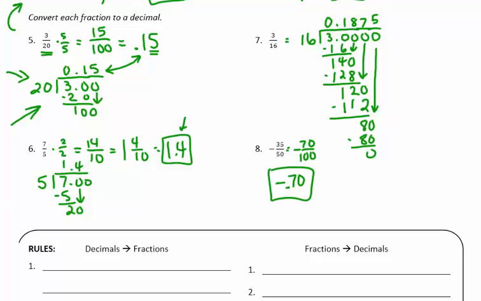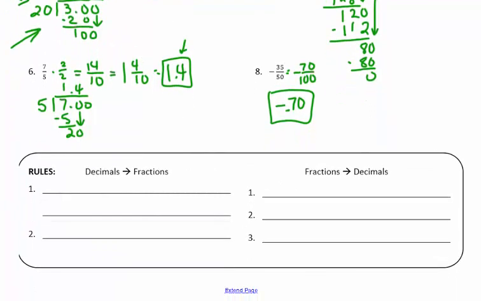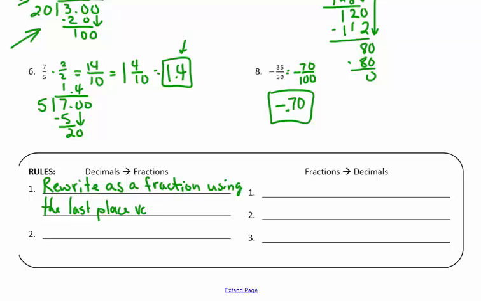So the rules that I just used, turning a decimal into a fraction: rewrite as a fraction, using the last place value as the denominator.